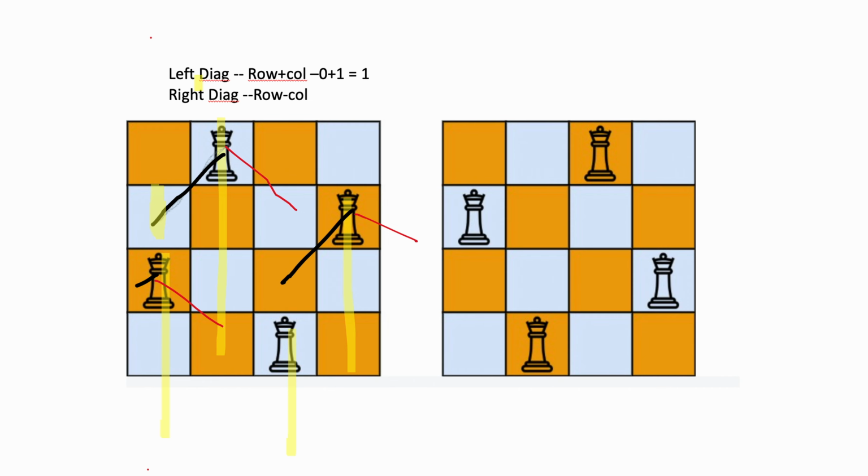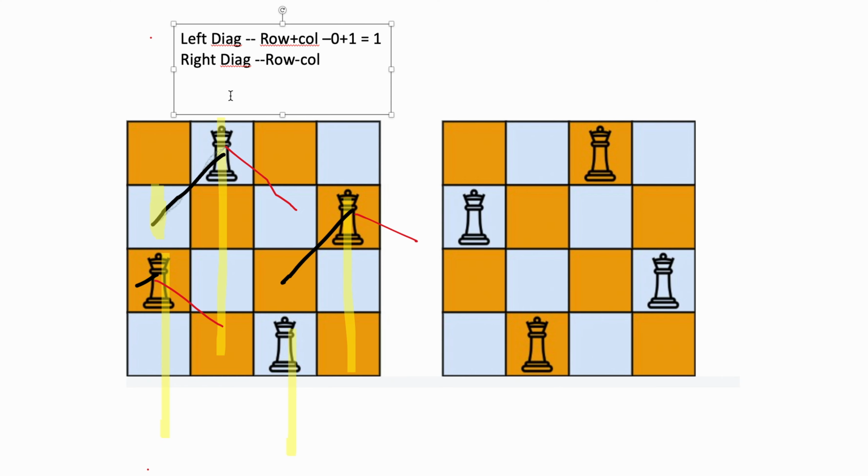Similarly, let's go to the right diagonal element. The queen's right diagonal element is present at row 1 and column 2. So the formula for calculating the right diagonal element is row minus column. Row here is 1 and column here is 2. 1 minus 2 is minus 1.